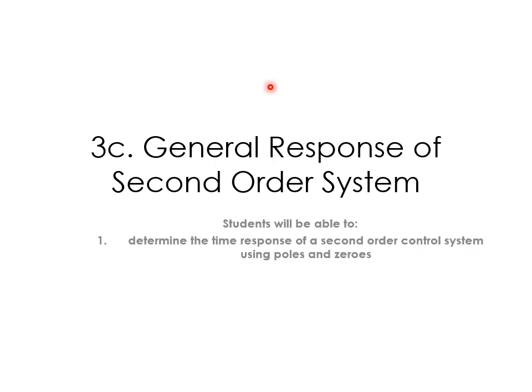At the end of this particular lecture, what I hope you can achieve is that you'll be able to determine the time response of a second order control system using poles and zeros.